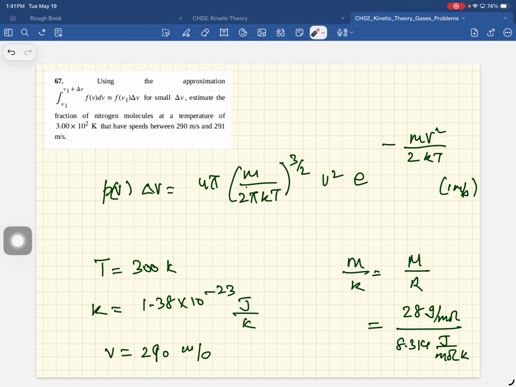28.96 grams per mole. That's the molar mass of air, the weighted average. So we'll take 1 mole of this.